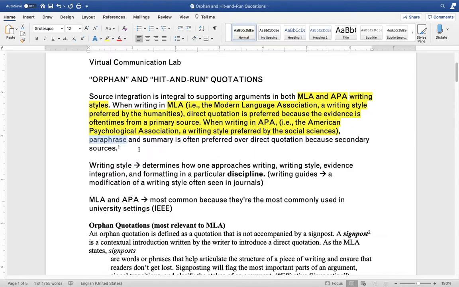Paraphrase is actually cognitively a much more difficult writing practice than direct quotation. To be able to concisely and clearly and accurately paraphrase takes real skill and a real understanding, sometimes of really complex ideas.